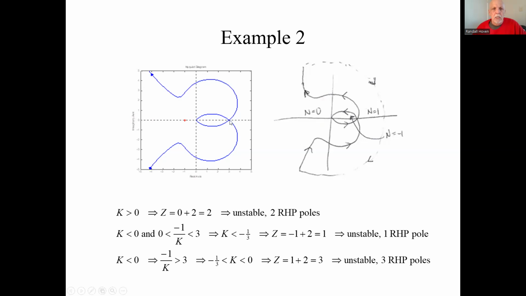K equals 1/3 at this point, -1/3 at this point. Then to the right of that. Anyway, this thing is always unstable no matter what k is, but it has different numbers of right half plane poles. So that's our first 2 examples, and we'll keep doing more examples in subsequent videos.